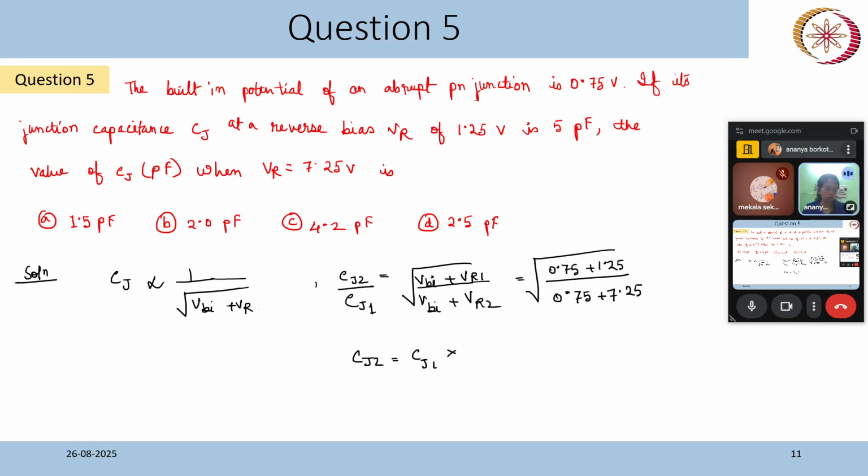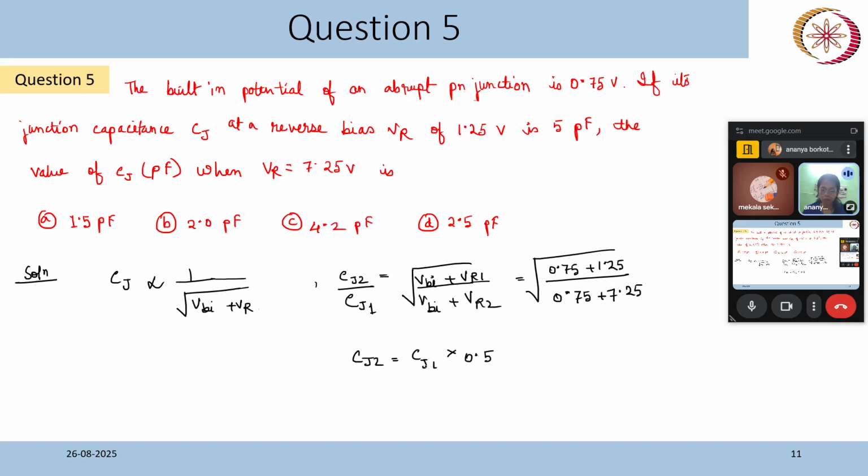You also have to do the calculation. This is 0.5.